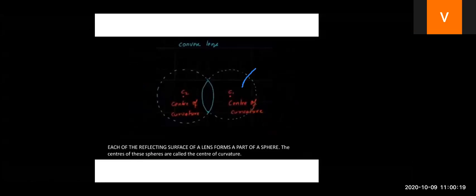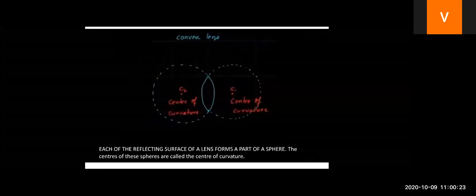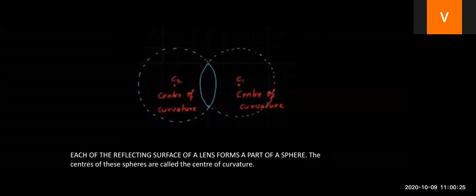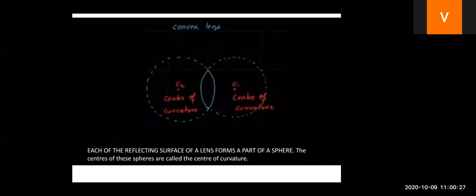So children, the surface of the convex lens forms a part of a sphere, and this sphere has a center.